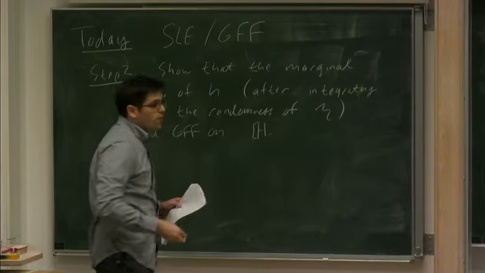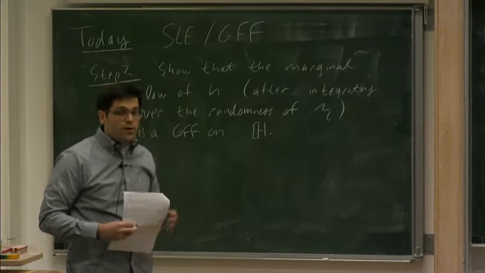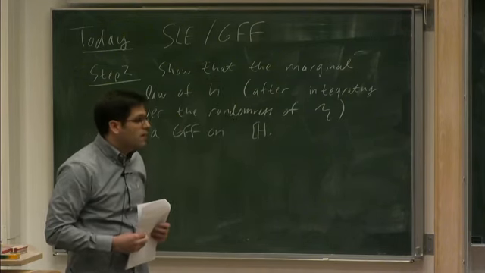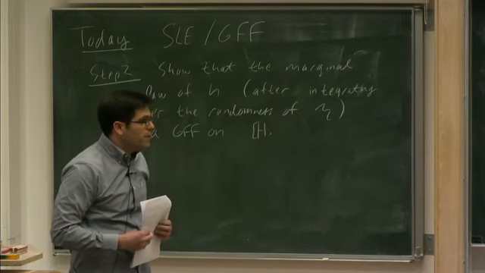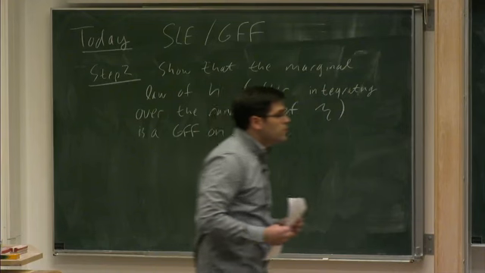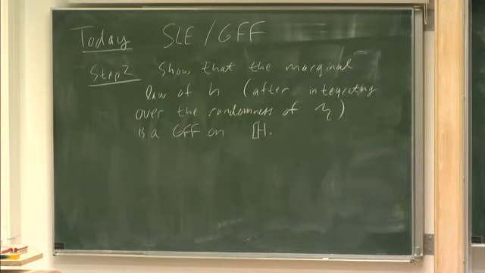Okay, so we've just described a distribution in kind of a complicated way. We know that when you condition on the path, it's given by a Gaussian free field on the complement of the path, but it's not a priori clear that this actually defines a Gaussian free field. But if this construction is supposed to be describing a Gaussian free field flow line, then it better be that, once you forget about where this path is, we're left with a Gaussian free field.